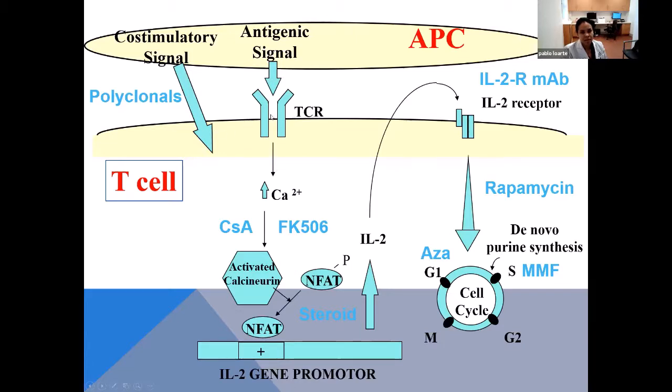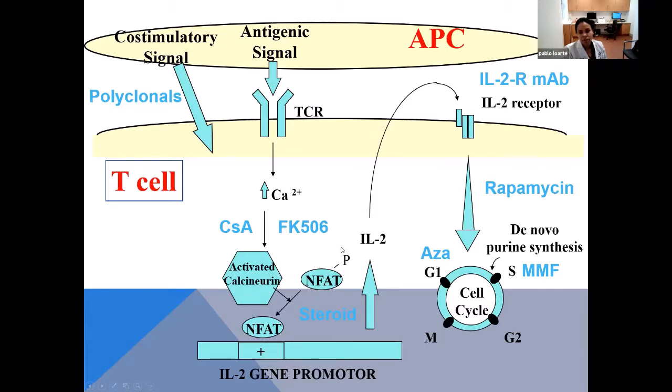Once these signals get active, you have an influx of calcium, increased calcium inside the cell. The calcium will lead to activation of calcineurin in the cytosol. Then you have a transcription factor in the cytosol called nuclear factor of activated T cell.